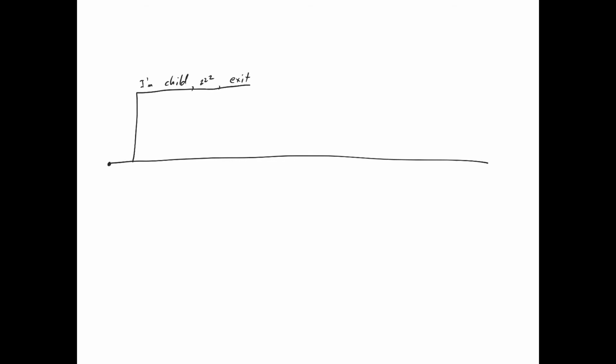Let's draw another diagram of what's going on here with waitpid. Our parent process calls fork, and the child process will print and then sleep and then exit. But meanwhile, the parent process has gone back to the top of the loop and is calling fork again.